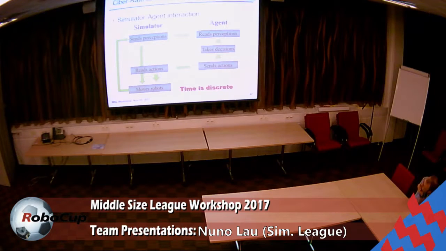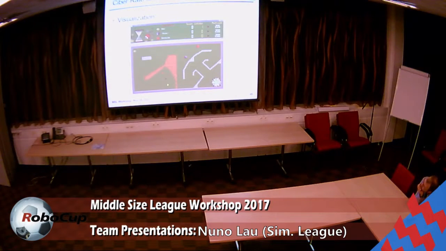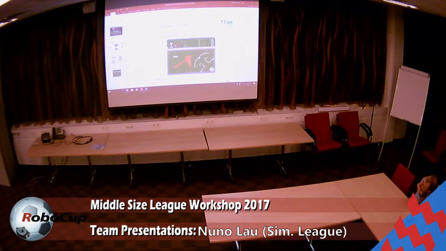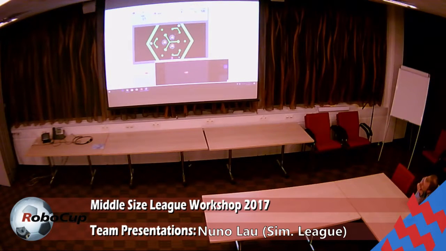Time is discrete here. For visualization, we have several kinds of visualizers. The one you are seeing is one of the options, and I would like to show you what we have here, which is in fact the CiberRato simulator at the top. What the robot wants is to find the 3 cheeses right now, but he cannot see the cheese through the green walls.